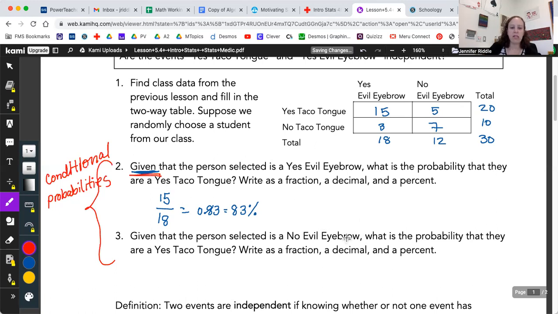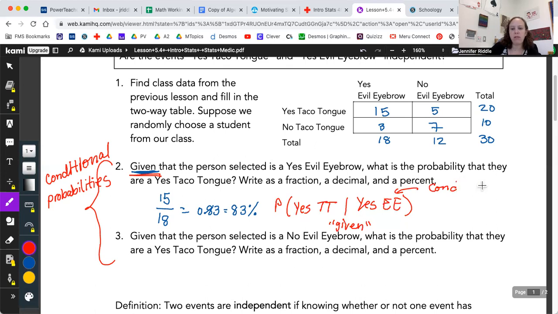So here I'm going to write the probability that we are a yes, taco tongue, given, okay, this little line right here means given, that we are yes, evil eyebrow.